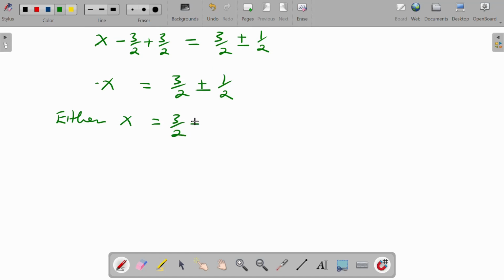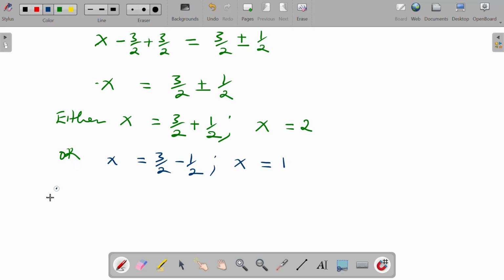We can now first consider plus sign, plus a half. And now in here, we are getting our x as 2. Or we are having our x equals to 3 out of 2 minus a half. Meaning that our value of x equals to 1.